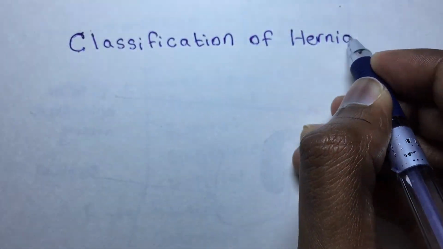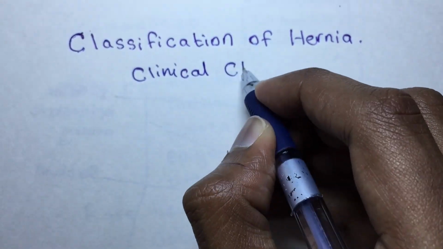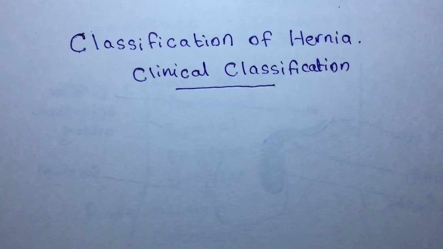Now, I will teach you the classification of hernia. Hernia is clinically classified as reducible, irreducible, strangulated, obstructed, and incarcerated hernia.